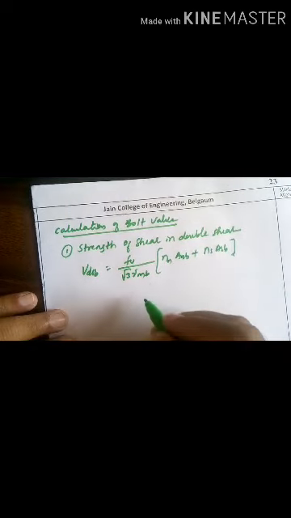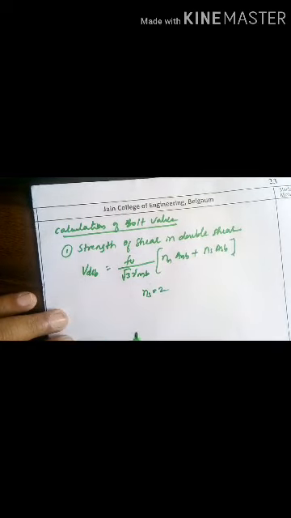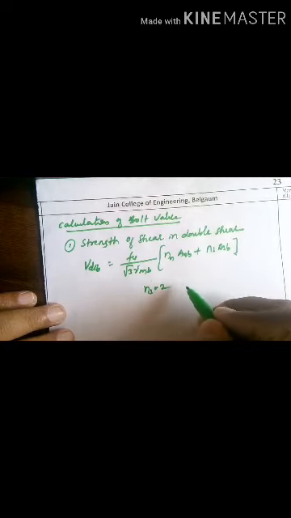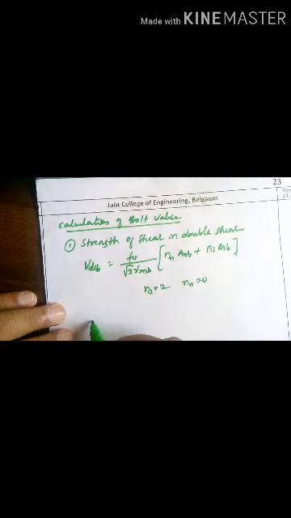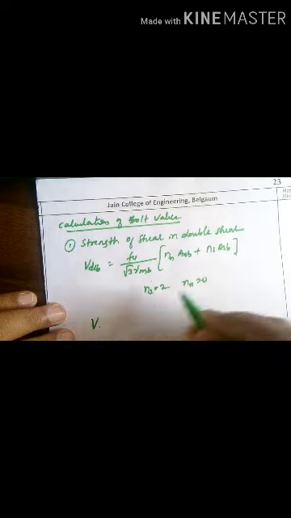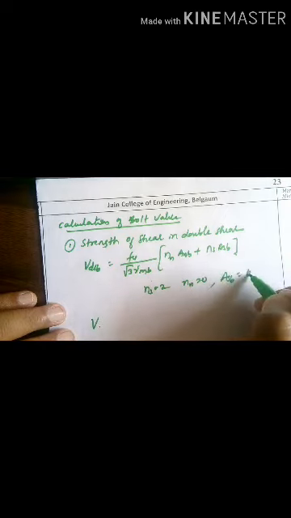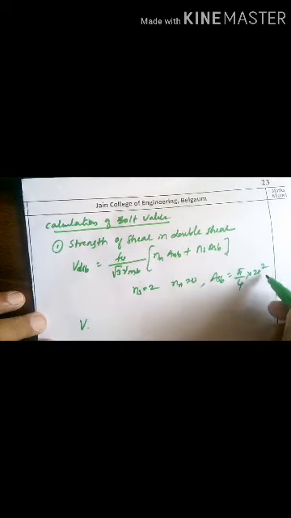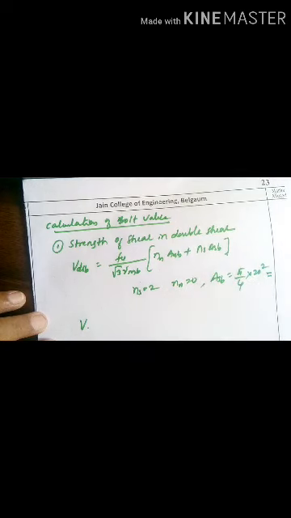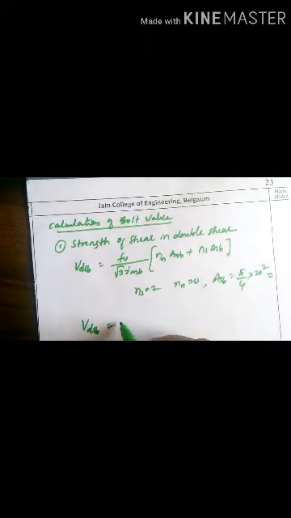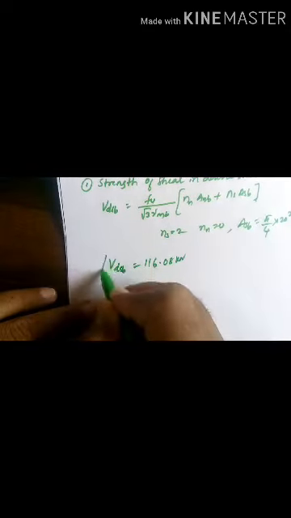Taking ns equal to 2, since it's a double shear, and nn equal to 0 here. Then calculate Asb, which will be pi by 4 into 20 square. After substituting all the values, you will get 116.08 kilonewton. This is the strength in double shear.